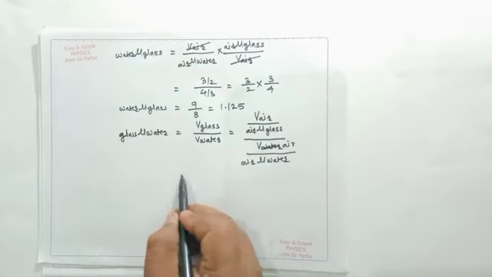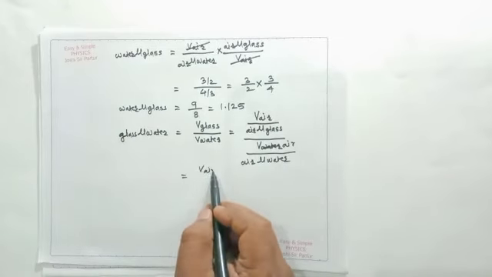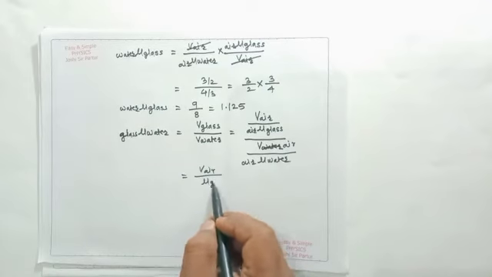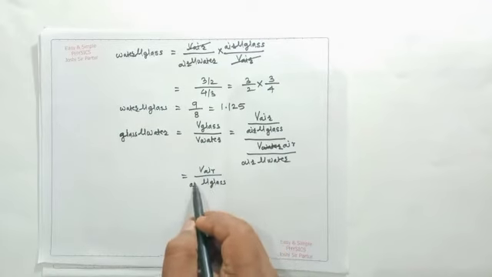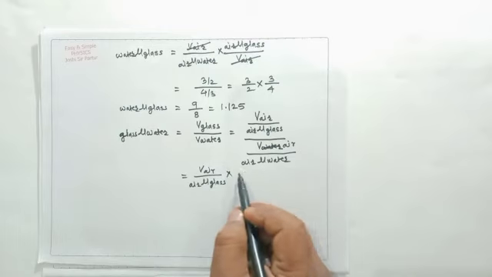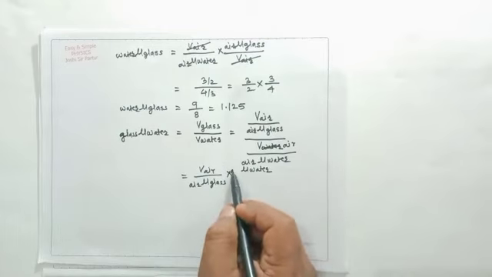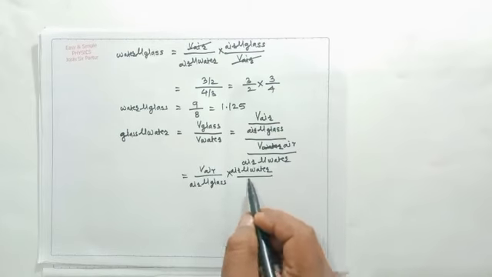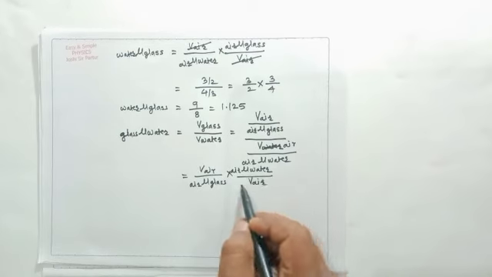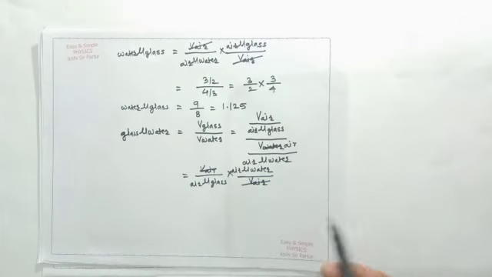So we can write it as the velocity of light in air upon mu for glass with respect to air, multiplied by mu for water with respect to air divided by the velocity of light in air.